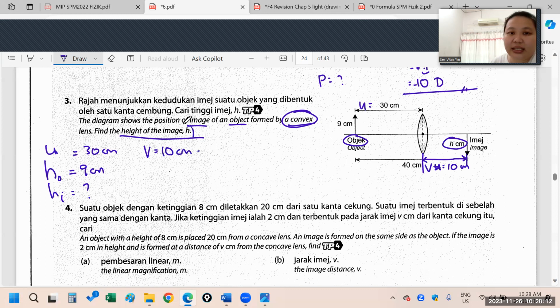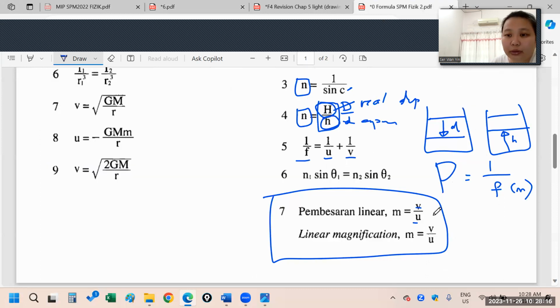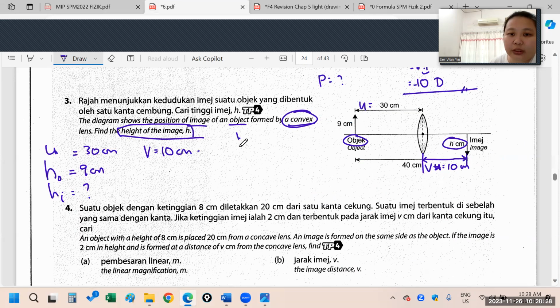So find the height of image, so we can check back our formula. Only got V over U. So you add one more, HI over HO. So V over U equals to HI over HO.